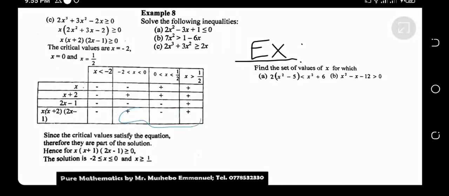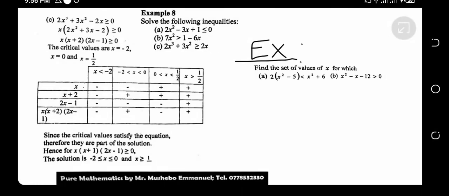So their sets are the ones which are going to be the solution sets, the first set is this and the second set is this. Why? Because they are giving positive results here. But remember, these critical values are inclusive, either 0 or a half or -2, they are inclusive.